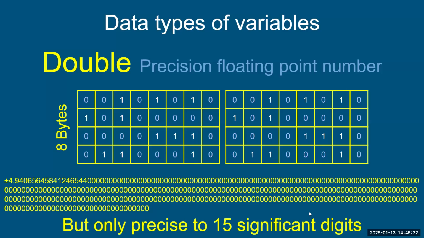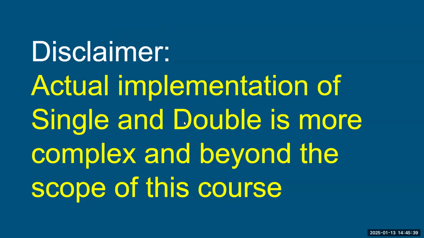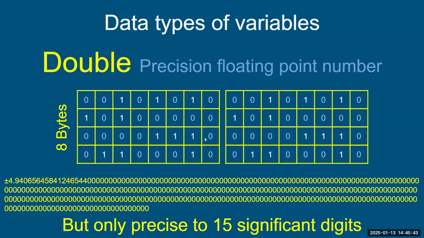Okay, so who can remember all the data types so far? Byte, integer, long, currency, single, double. There's no triple. That's great. You guys got them all. Good job. There's some more complexities with the single and double, but conceptually, this is what's going on.